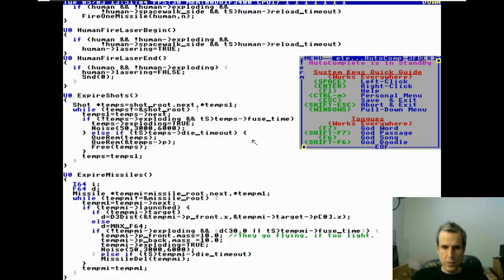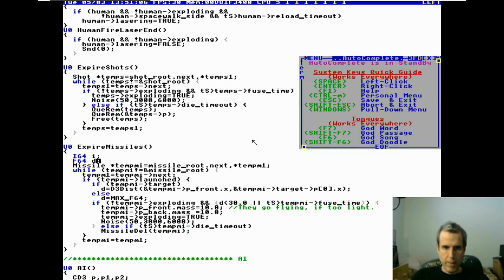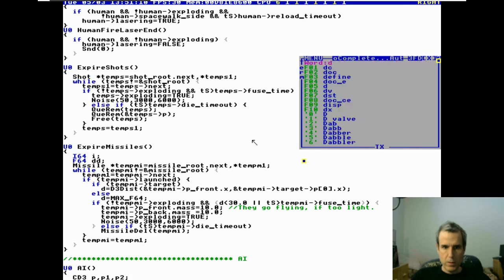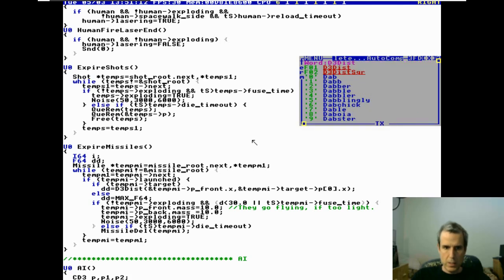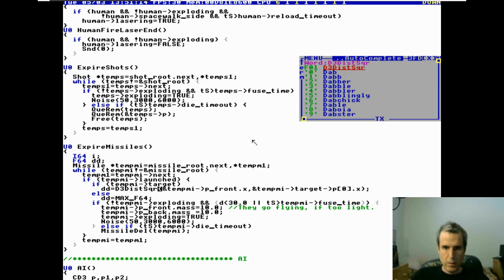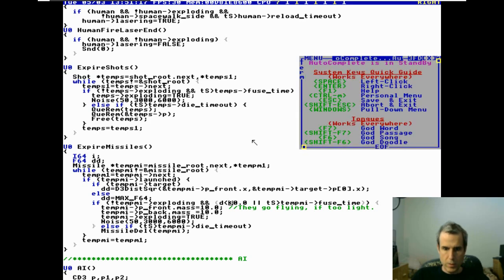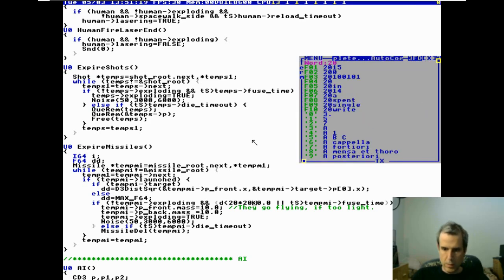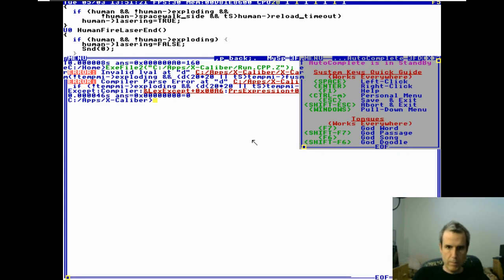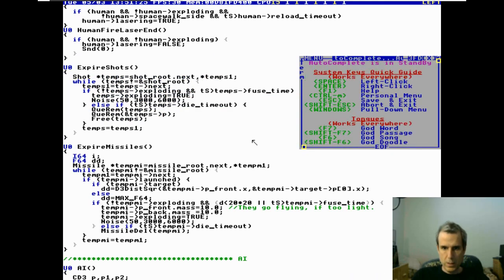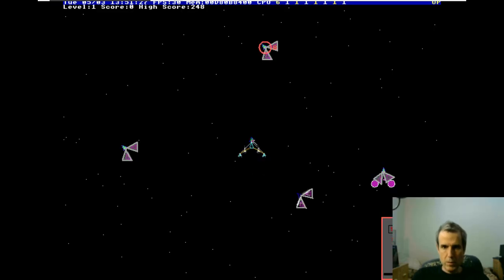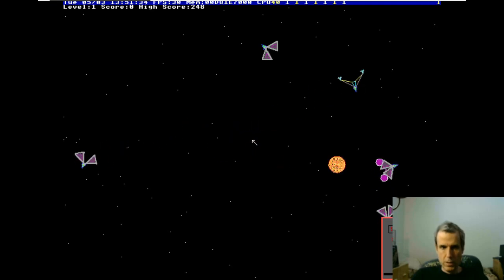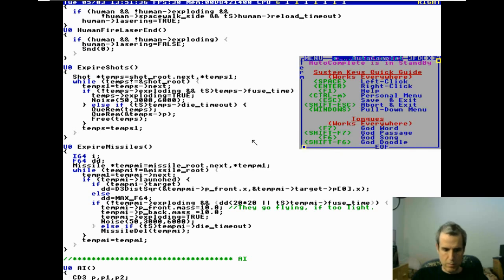Spire missile. Let's do DD. DD. SQR 20. 20. DD. It did not go up. 25.